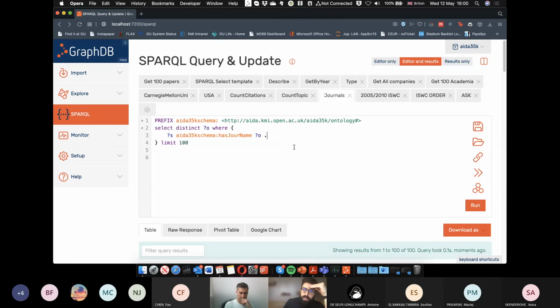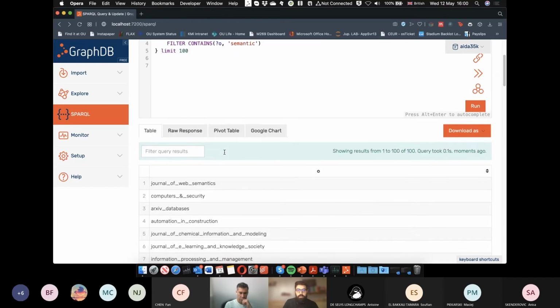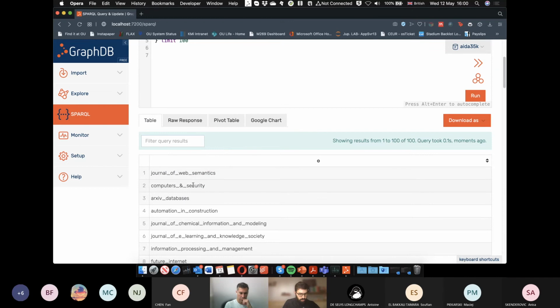But in this case, I am interested in getting all the journals that, for example, contain the word semantic, because I work in the field of semantic web, and I want to publish something about semantics. So I want to find the journals. How does it work? Because these journal names are too many, first of all, and secondly, too long. I don't want to parse all of them.